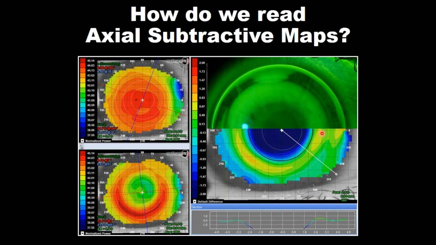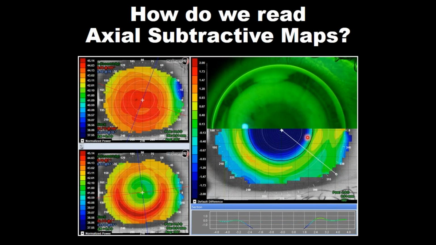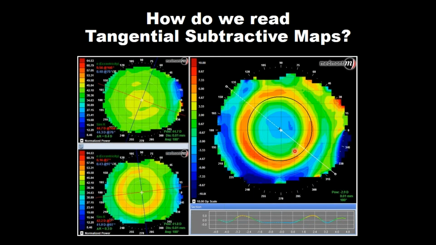created, as we said, by the reservoir of fluid. If we go to the tangential map, kind of a similar story, except there's greater focus on the red ring, as opposed to in the subtractive map, there's greater focus on the blue in the center. So axial map, focus in on the blue treatment zone. Tangential map, focus in on the red and blue rings that surround the center.